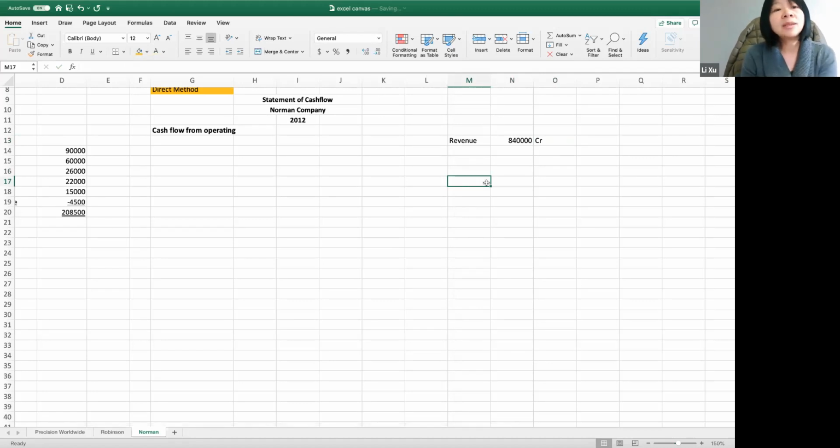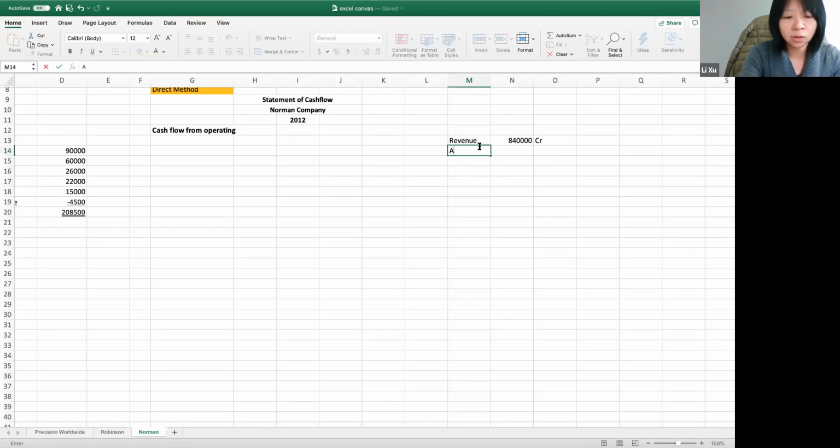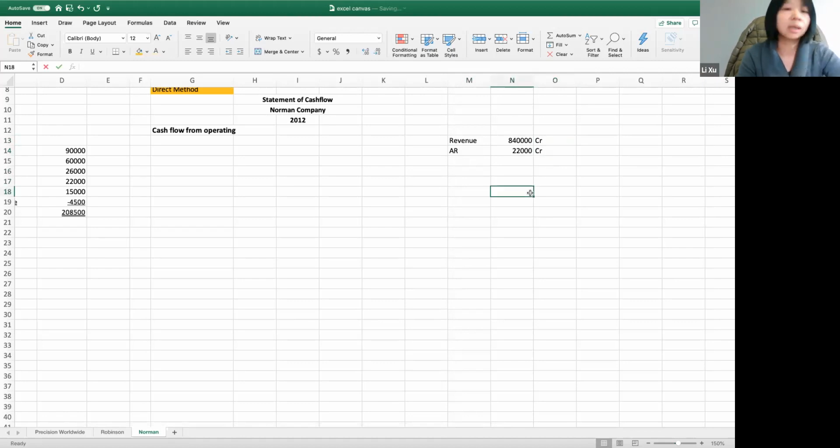Now, remember, the related account can only be accounts receivable or cash. We look at accounts receivable. This time, accounts receivable decreased. Ask yourself, what's the normal balance when accounts receivable decreased? We have to put it on the credit side. So here you have a credit, 22,000. And what do we have?